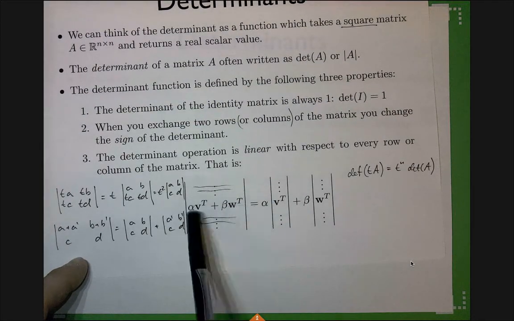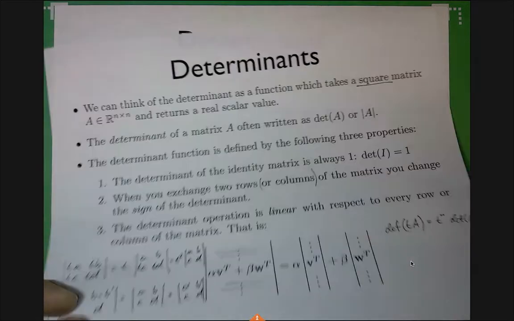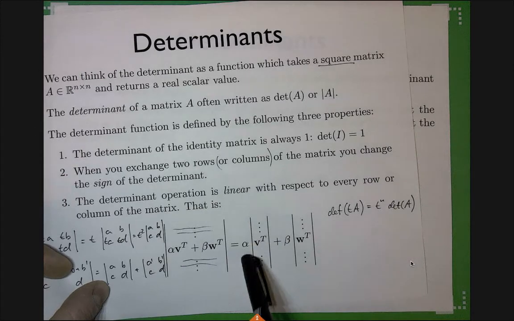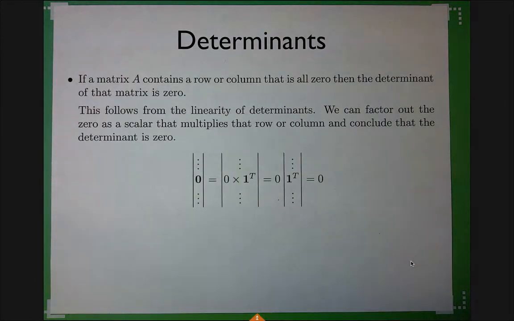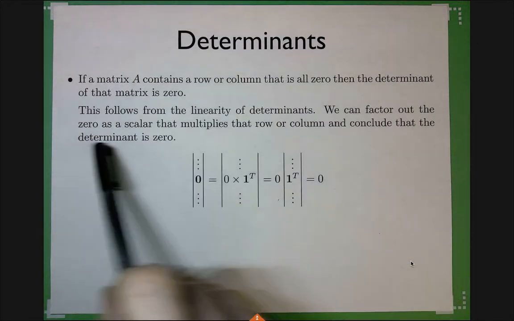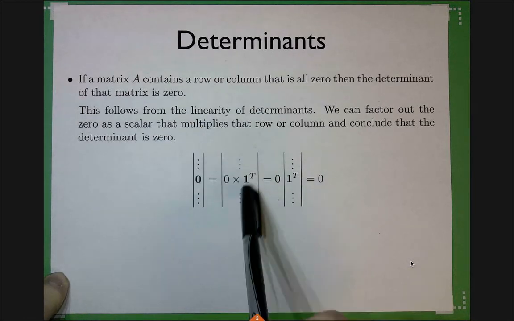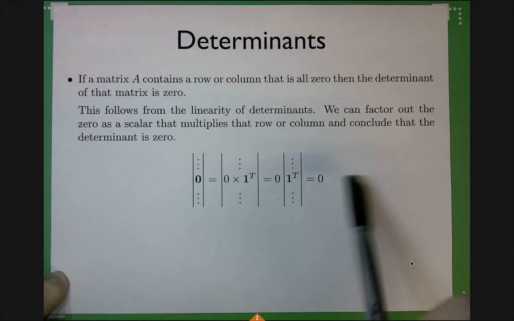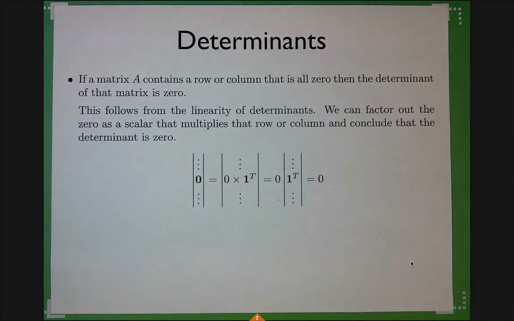Because if one of the rows is completely 0, then I can just write it as 0 times anything, and that will tell me that it's 0 times that thing, but again 0 times whatever is 0, right? In other words, the 0 can be factored out, and due to linearity, I have to get 0. So this immediately follows from the third property. If I have a row or column full of zeros, then my determinant has to be 0 too. Okay?